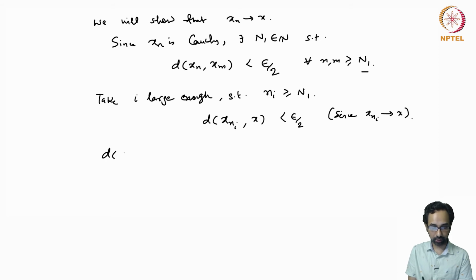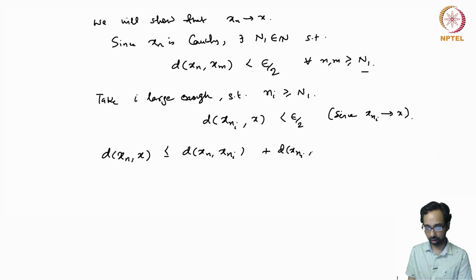And now let us look at the distance between x_n and x, and this is less than or equal to d(x_n, x_{n_i}) plus d(x_{n_i}, x). And if n is greater than or equal to n_1 as well, then the first term is less than epsilon by 2 because of the Cauchy condition. Both n_i and n are greater than or equal to n_1, so this is by star.